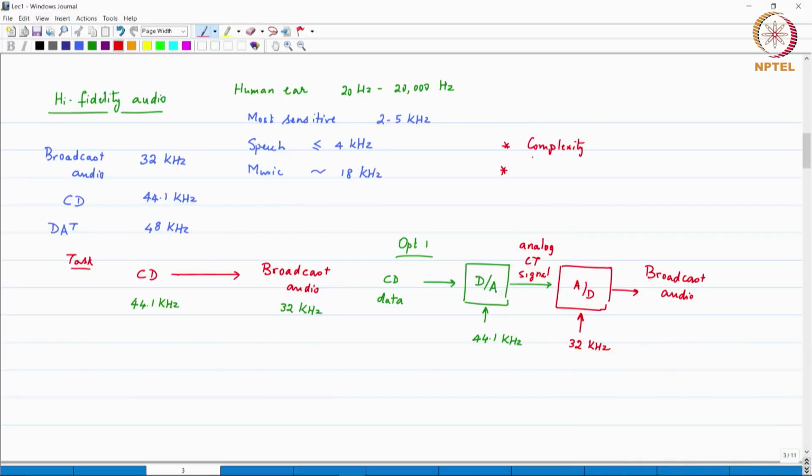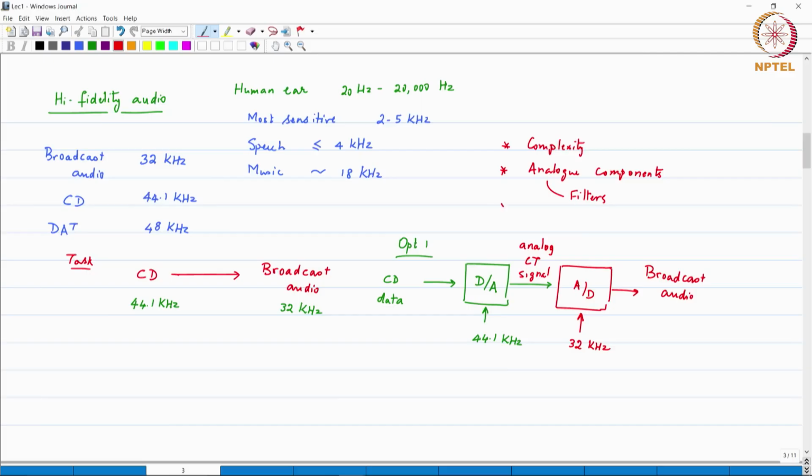So, there is some complexity and power consumption, because you have analog components, primarily analog filters, because an analog filter is needed for reconstruction. Before you do the sampling, you need another analog filter.